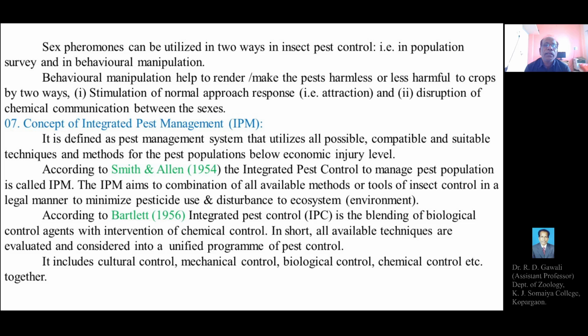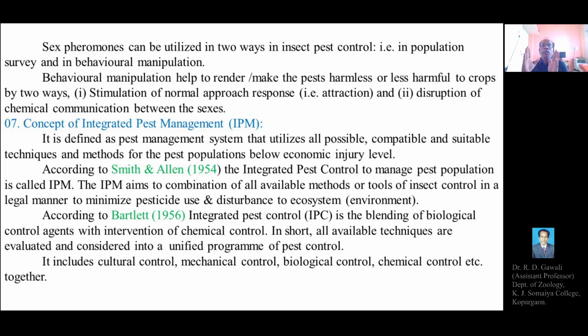According to Bartlett in 1956, integrated pest control, IPC, is the blending of biological control agents with the use of chemical control. In short, all available techniques are evaluated and considered into a unified program of pest control.